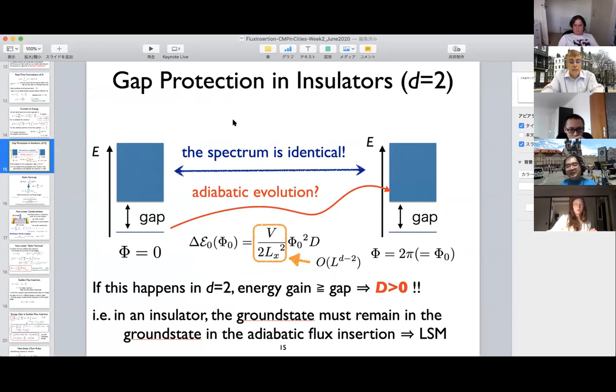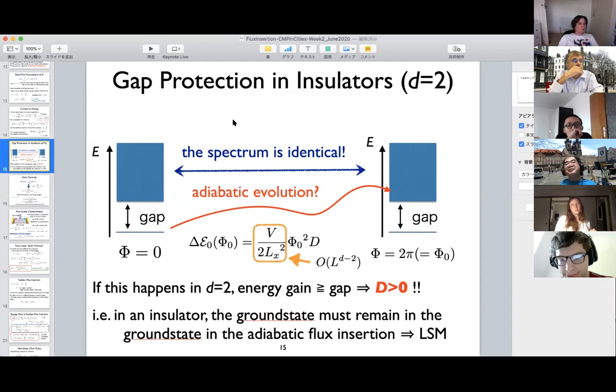Right, yeah. So I think under some assumptions, we should be able to prove it. In some sense, Hastings has a proof for the Lieb-Schultz-Mattis theorem itself without using this assumption. In my understanding, his proof for the Lieb-Schultz-Mattis theorem does not directly prove this protection of the gap, but is sort of supporting evidence, I would say.